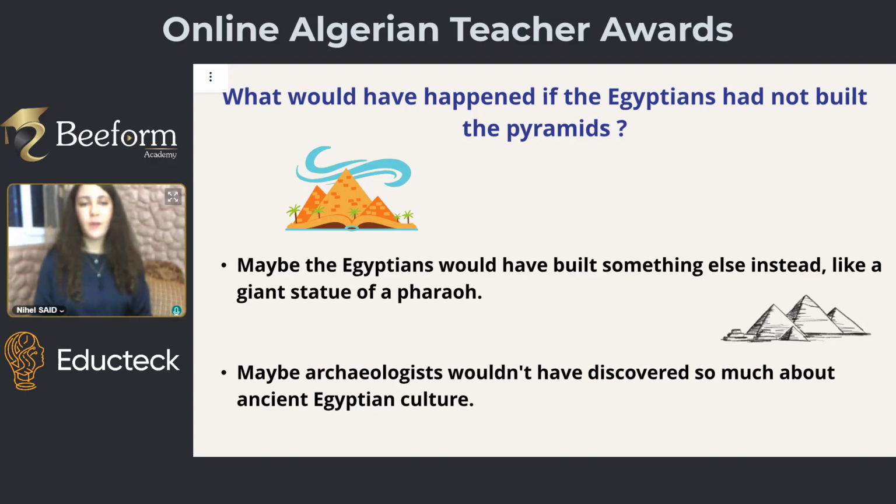All right, now let me just shake that brain brush one more time and ask you another question here. I would like you to imagine what would have happened if the Egyptians had not built the pyramids.